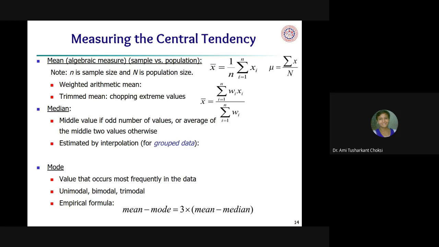The third term is mode. What is that? The value that occurs most frequently in the data. So we can have unimodal, bimodal, trimodal, right? How to find that? For that we can say mean minus mode is equal to 3 multiplied by mean minus median.